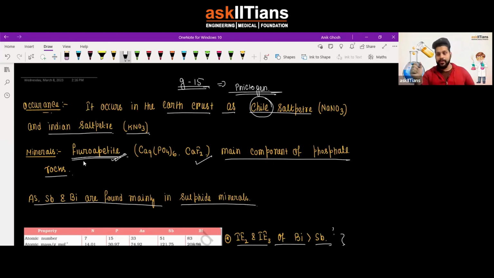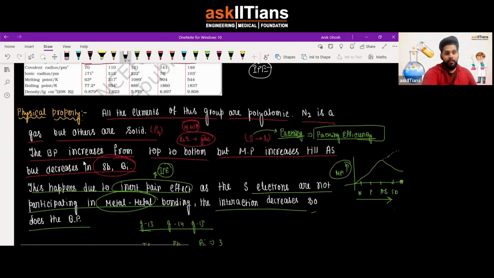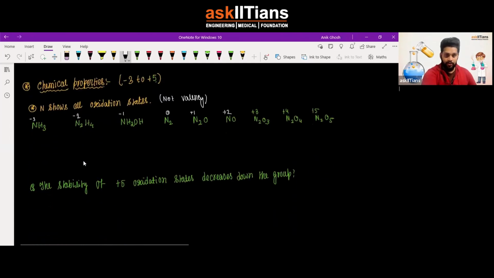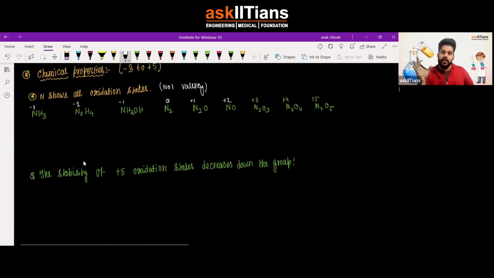Group 16 are called chalcogens because we get them from their copper ores. Salt forming is called halogens. Yes, that is why we call them chalcogens, right?